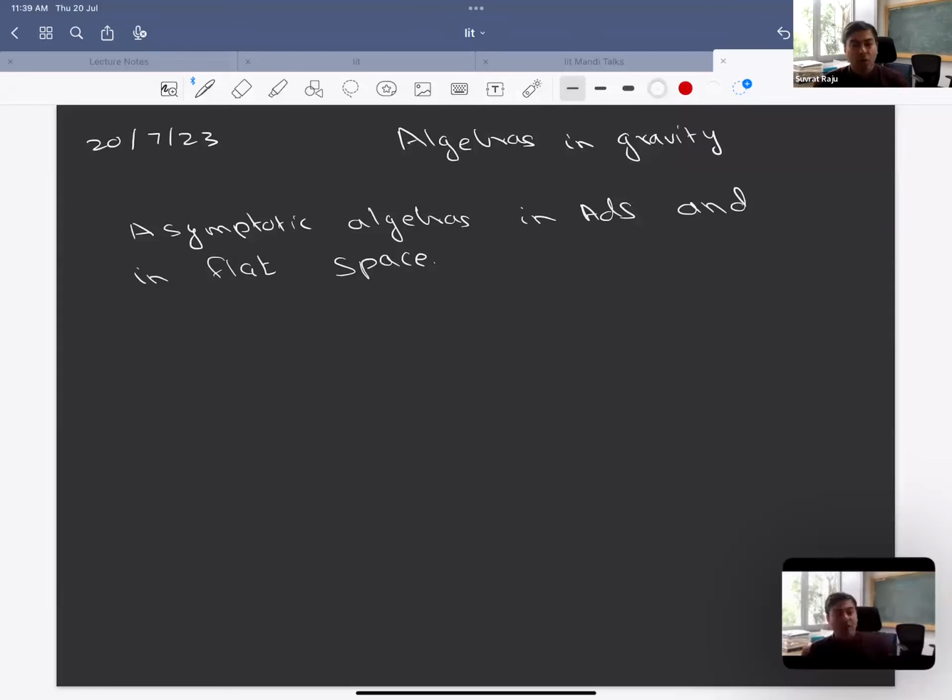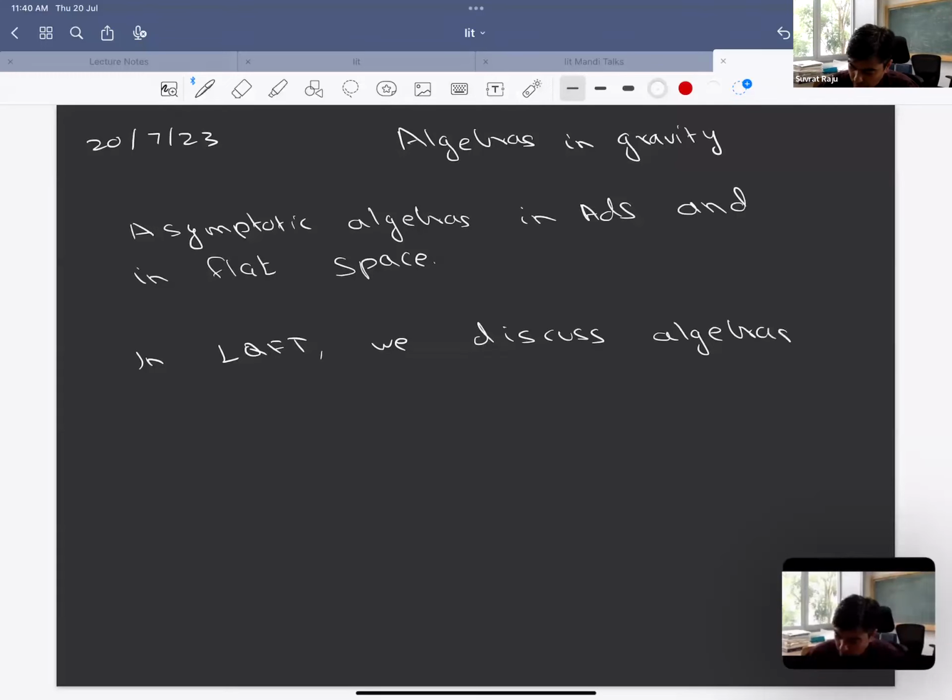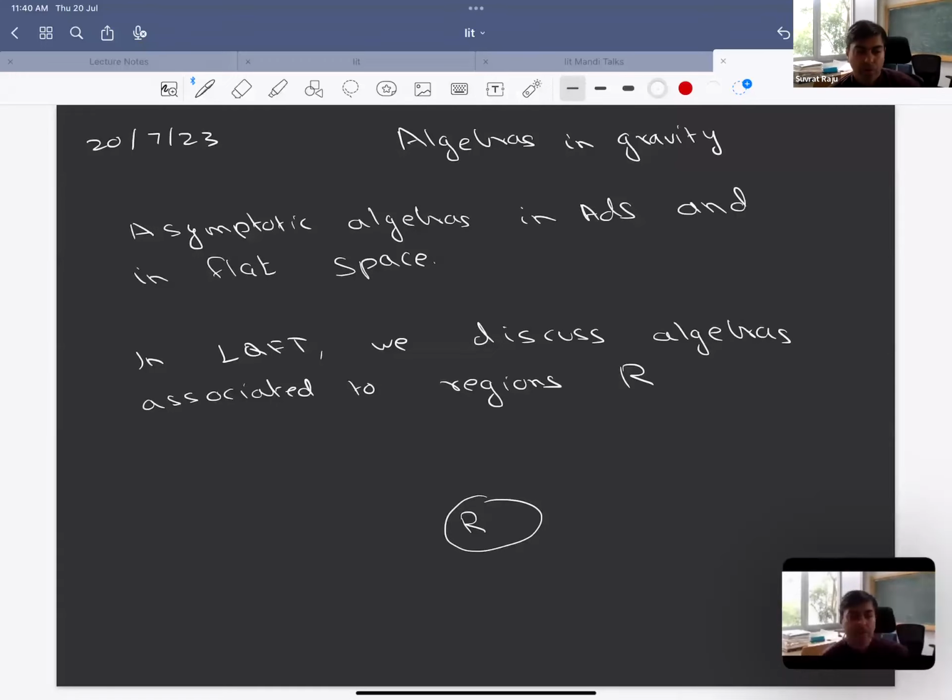Now, why is it of interest to discuss asymptotic algebras? So, often in a local quantum field theory, we discuss algebras which are associated to regions in space. So there's some region, and when we talk about the algebra, it basically means the set of observables that are in that region.